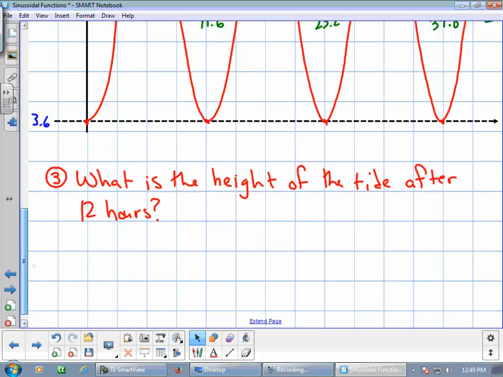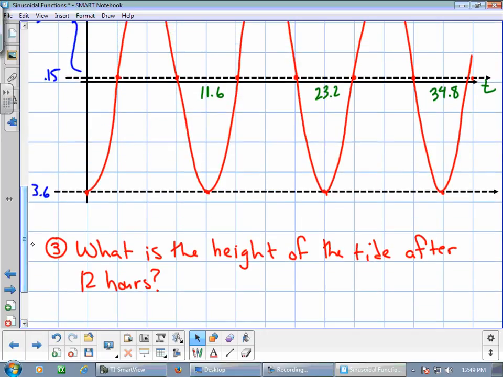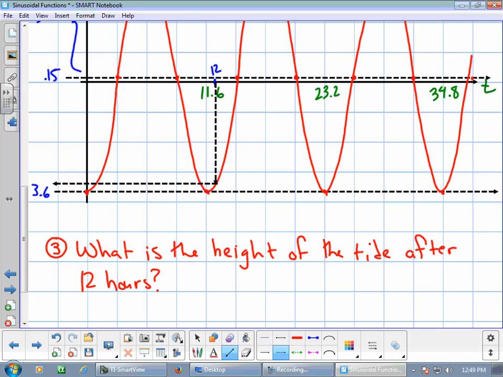We could try to approximate it by looking at 12 here on the x-axis, right? Because t is my hours. And let's see, the wave is below the x-axis at that point. So we could come down to 12 hours to where our wave is, and then we could approximate it by determining what y value that is.